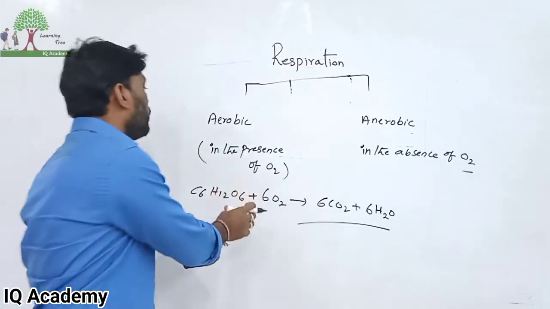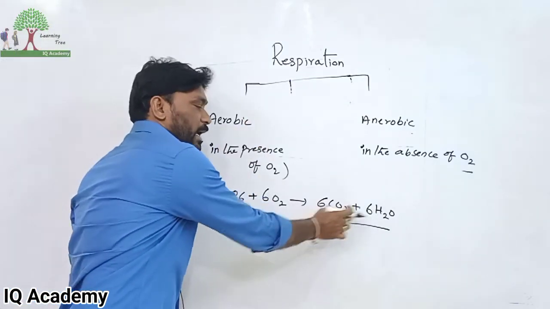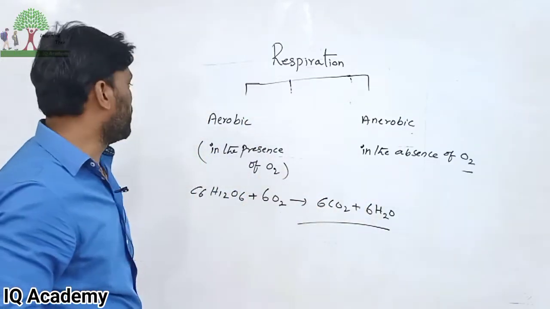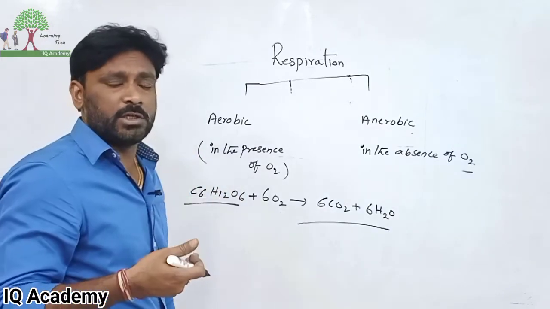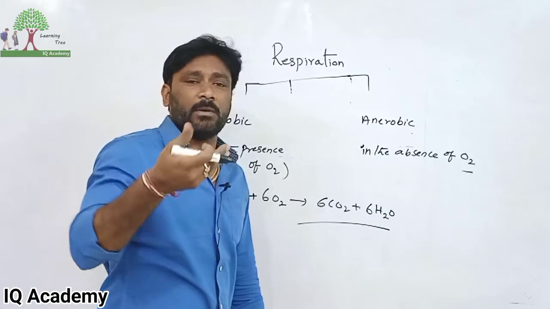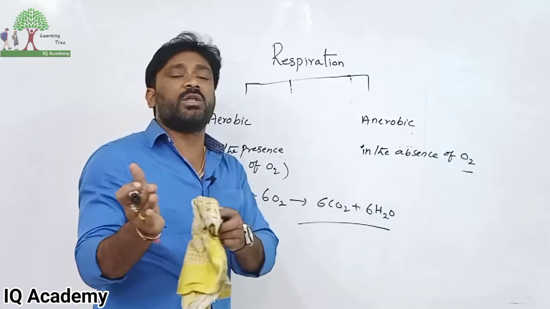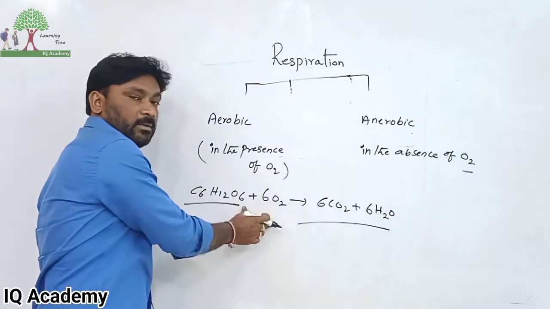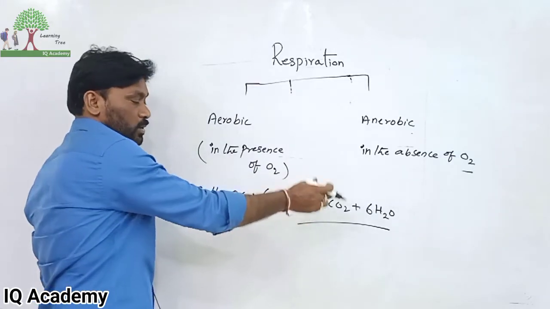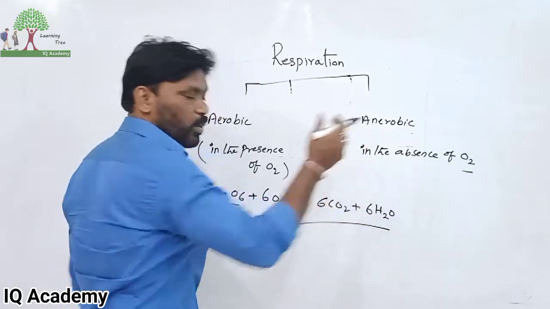The end products of aerobic respiration are carbon dioxide and water. Once again I will repeat. The glucose gives the energy, and it is stored in the form of ATP. And now this glucose in the presence of oxygen changes into carbon dioxide and water.